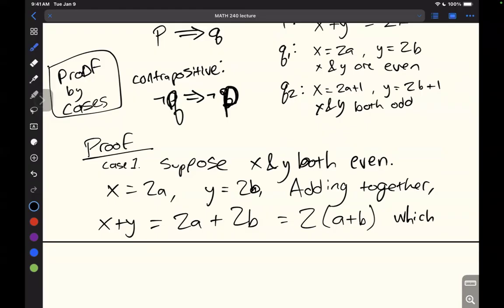If I'm trying to prove case one, then I did make a mistake, where I assumed Q and then I'm proving P. So if I'm trying to prove Q1, then I have failed.